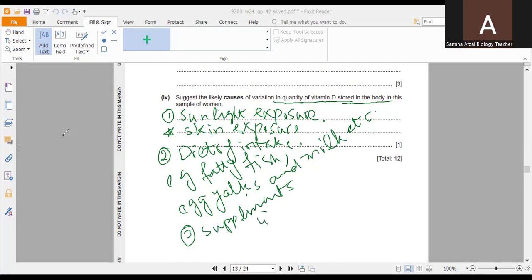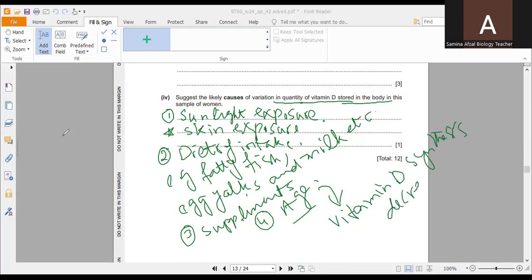And then number four, we can say the age. Age is also a factor. The capacity of the skin to synthesize vitamin D decreases with age. With the age, the vitamin D synthesis decreases as age increases.